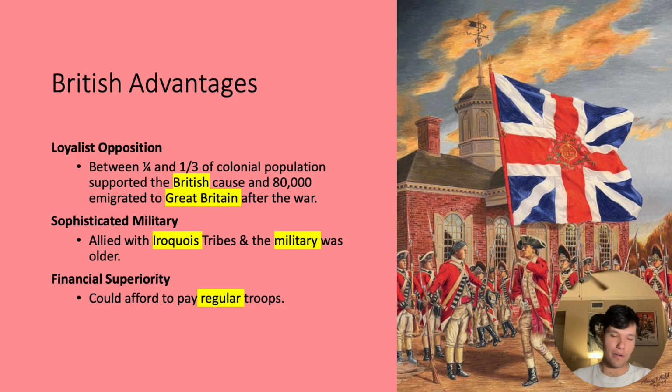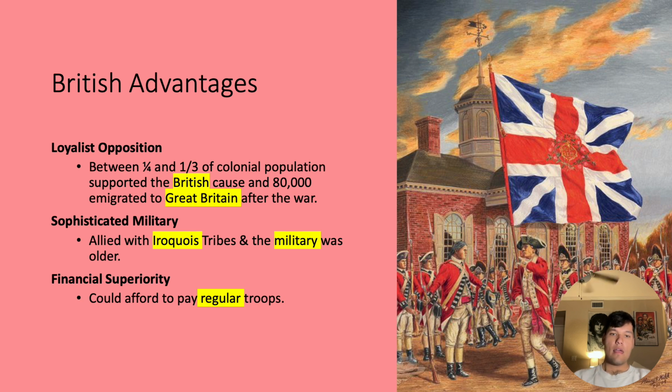So in slide 9, we're going to be talking about the British advantages during the war. We could first point out that a significant portion of the colonial population, one-fourth to one-third, remained loyal to the British. This loyalty gave support to the British and an advantage in some regions. Additionally, Britain had a well-trained and well-funded military that was supported by Native American tribes such as the Iroquois.